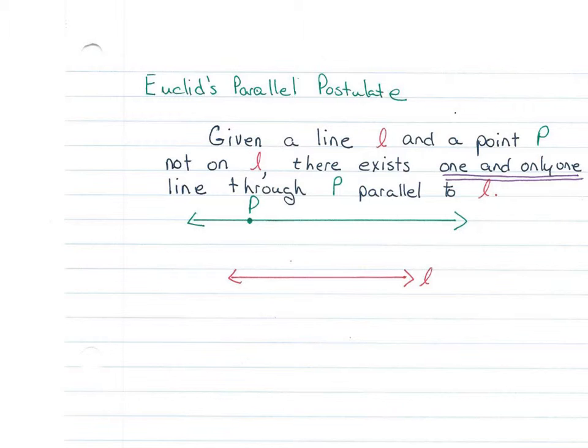Given a line L and a point P that's not on the line, here we have line L in red, point P is on the green line, there exists one and only one line through P that's parallel to L. There are no other lines through the point P that could be parallel to L, and that is Euclid's parallel postulate. Remember, the parallel postulate for Riemannian and hyperbolic geometry were a little bit different than they are for Euclidean geometry, which is a flat space geometry.